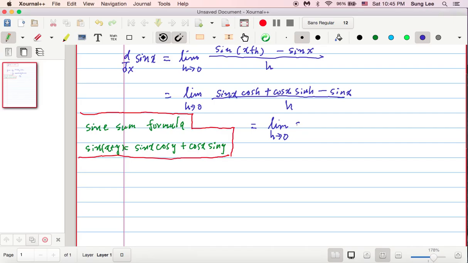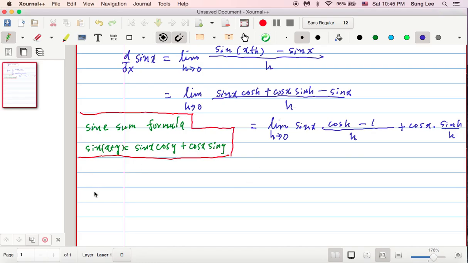So I have sine of x factored out, and what remains is cosine h minus 1 over h, plus, now we have cosine of x times sine h over h.